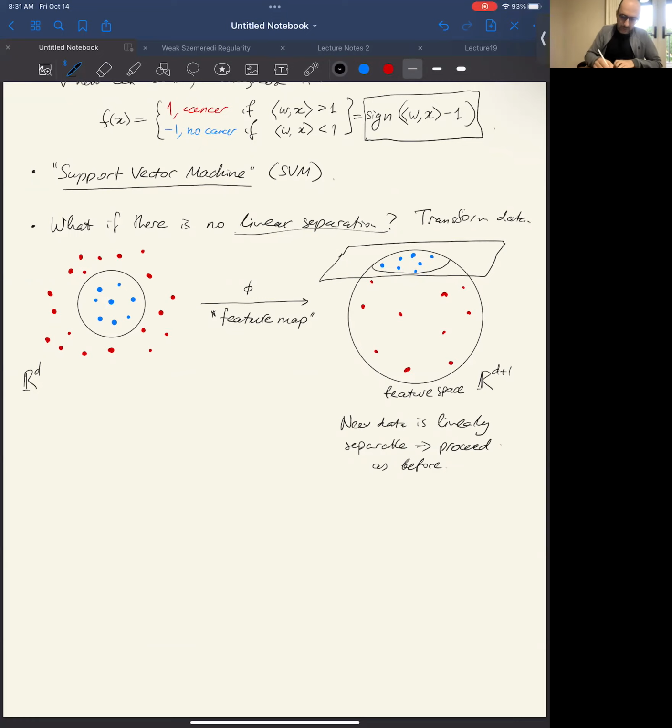We can do this in many ways. For example, we can use the stereographic projection. Stereographic projection projects the points from the space like this onto the sphere, just contracting them to the sphere.